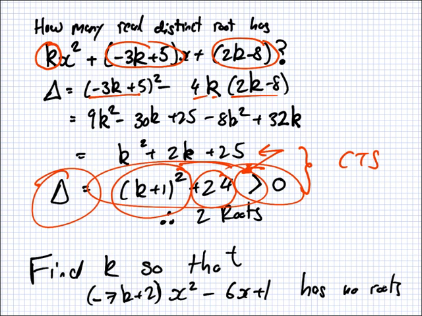So I want you to find the k that makes this quadratic have no roots. Now I'll tell you now, your answer for k will be an inequality, meaning your answer at the end will be something like k is more than or k is less than something. I'll just give you a minute to see if you can get a handle on it.